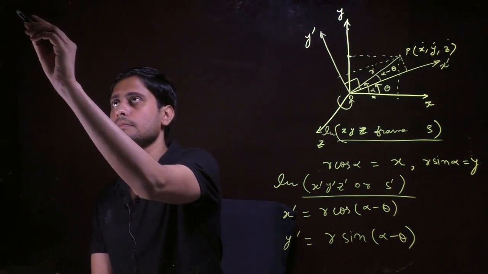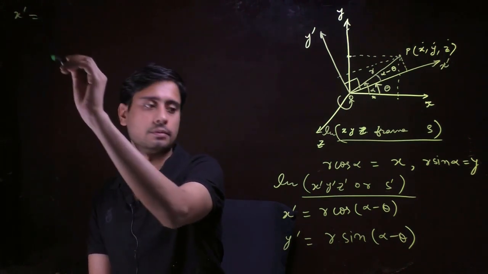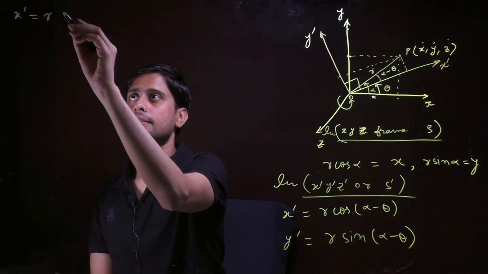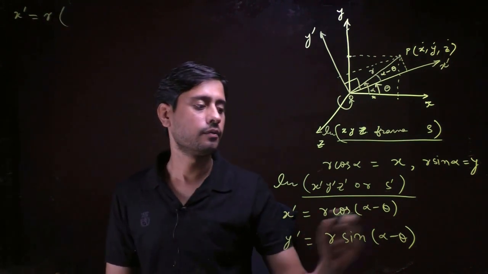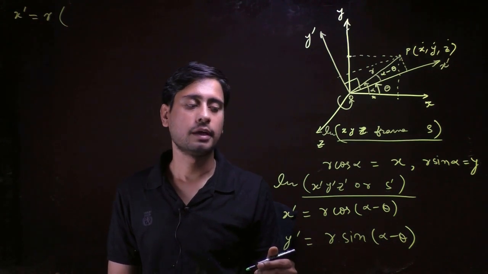So x prime will be equal to r. We are writing the formula for cos(a minus b).